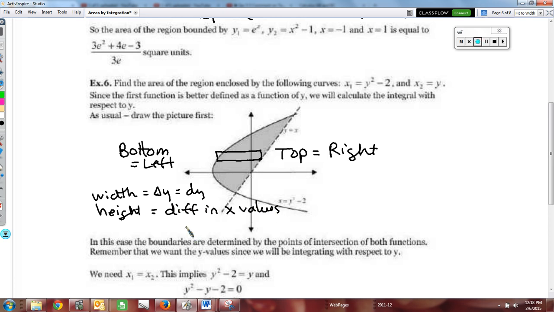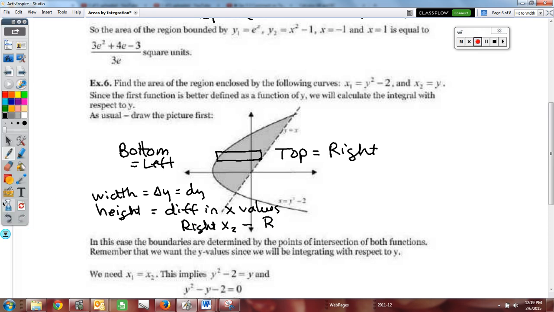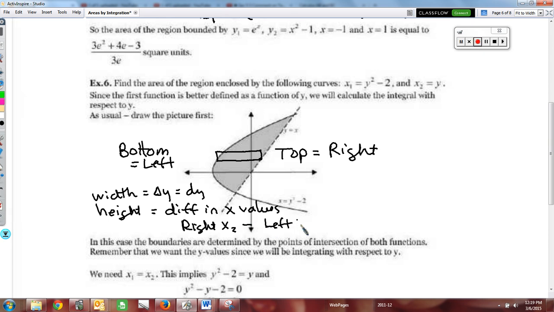So we take the right x value, x2, and subtract the lower, or left, x value, x1, in order to get the actual height of the rectangle.